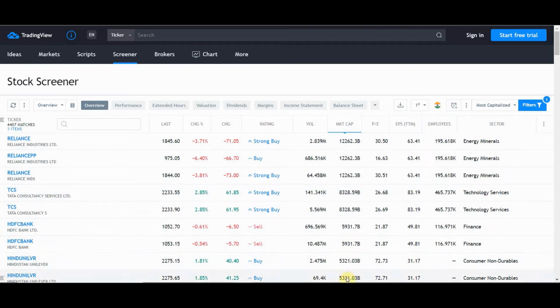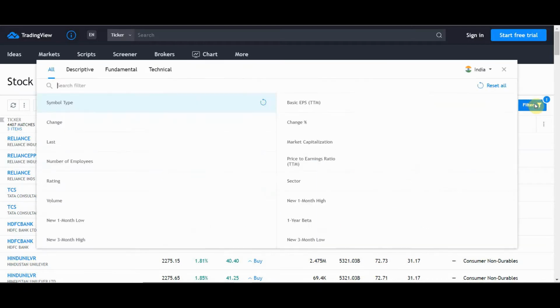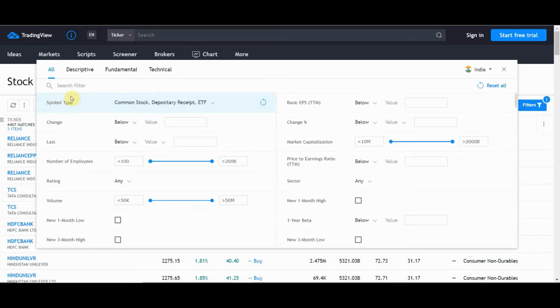Sector means under which sector these stocks come. All sectors are also mentioned here. According to our needs, we can filter accordingly. By clicking this filter button, we can filter the stocks according to our findings.